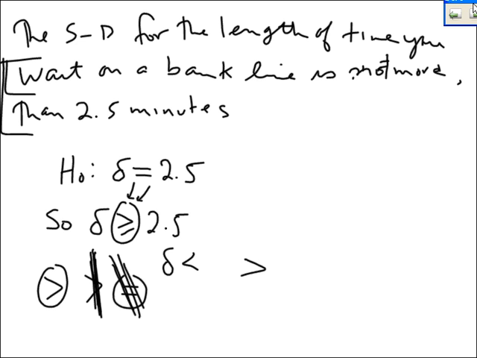You can't even use the greater than. If it has the equal sign, you can't use that symbol. So you have to use less than. And that's your HA. That's your alternative.